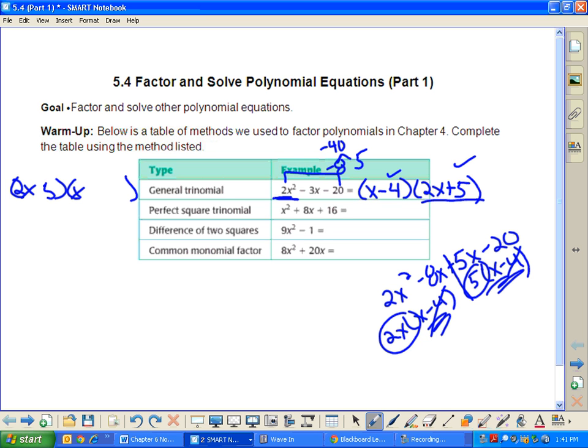I would put the 5 here and the 4 here. And I'd get 8x and 5x. And that works. I could make that happen if I make the 8x negative, but the 5x positive, I'll get that negative 3x in between. So you could guess and check your way out of it. Might be quicker.